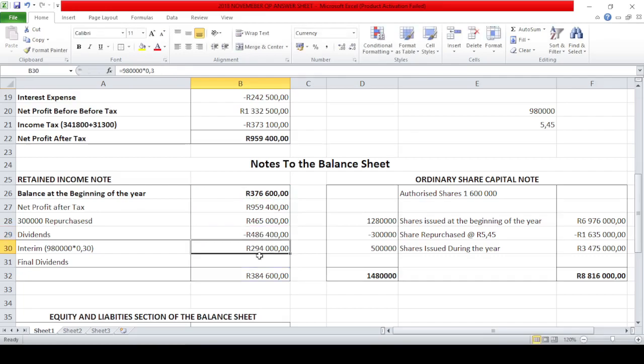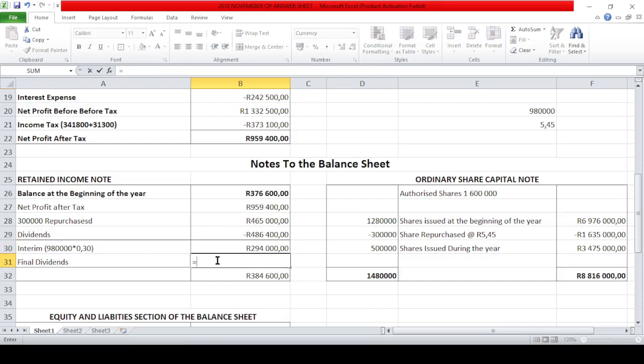That gives us negative 486,400 rands, which makes sense because dividends are the amount going out of our business, paying the shareholders of the company. It is an expense to the business, which means it should be in a negative format.